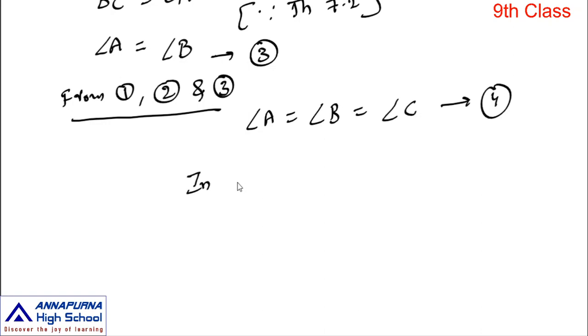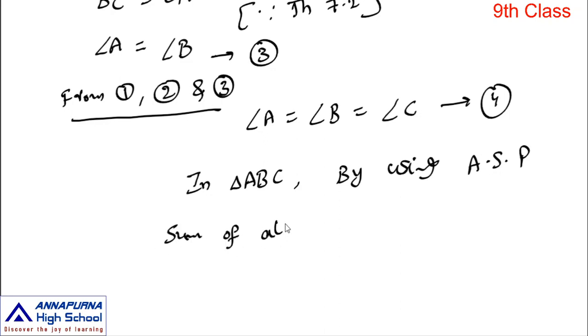In triangle ABC, by using angle sum property. What is the meaning of ASP? Angle sum property. What is the statement of angle sum property?